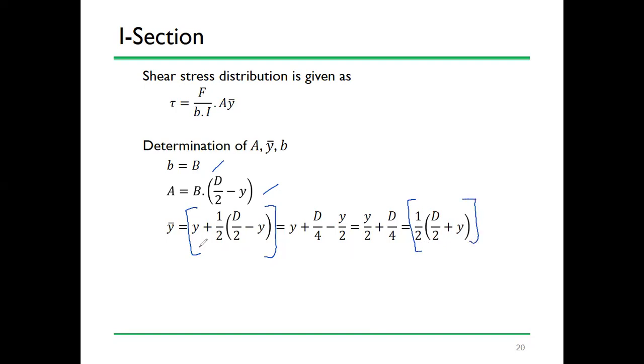Now Y bar is this one, so we'll put this one here. This is the B, so the B will come and go here. And this is the A, and the A will come and fix it here. And then we simplify.